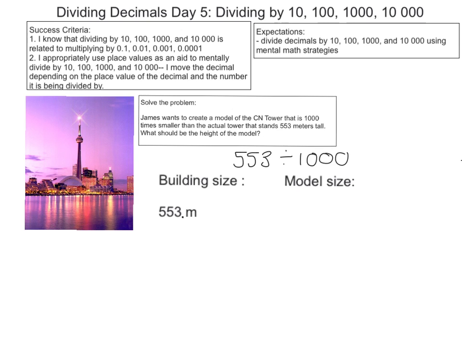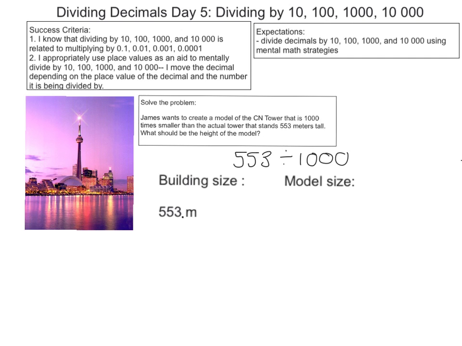So we're moving our decimal to the left, because from our last unit, we realized that when we multiply by 10, 100, 1,000, or 10,000, we're moving the decimal to the right. You can remember to move to the left for division because we're making the numbers smaller, like we normally do when we divide.